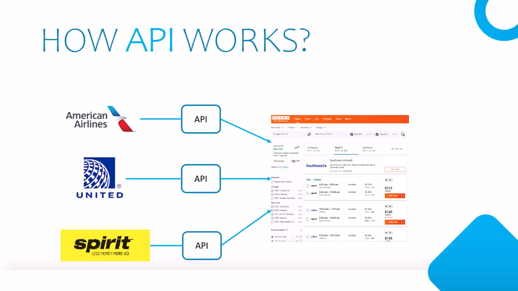So basically, American, United, Spirit, and other airlines would have their own API, and Kayak will be calling those API endpoints to display the connected information in one place. The same thing happens when you compare hotel rates on Expedia, Priceline, or other websites where they get information from multiple websites. So as you can see, API is the main superhero between connected services.